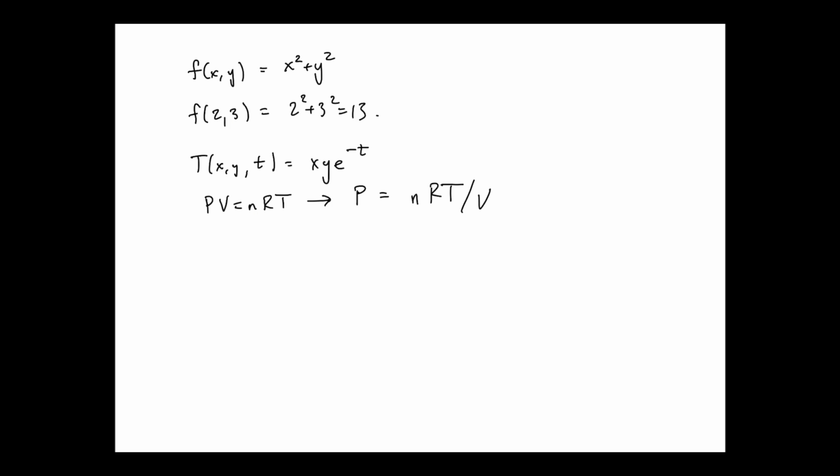Well, 5 if you count both sides. But really, how many are there? It's really only 4, because R is a constant. That's the universal gas constant, whatever it is. So the variables here are P, pressure, n, the number of moles, T, the temperature in Kelvin, and V, the volume.